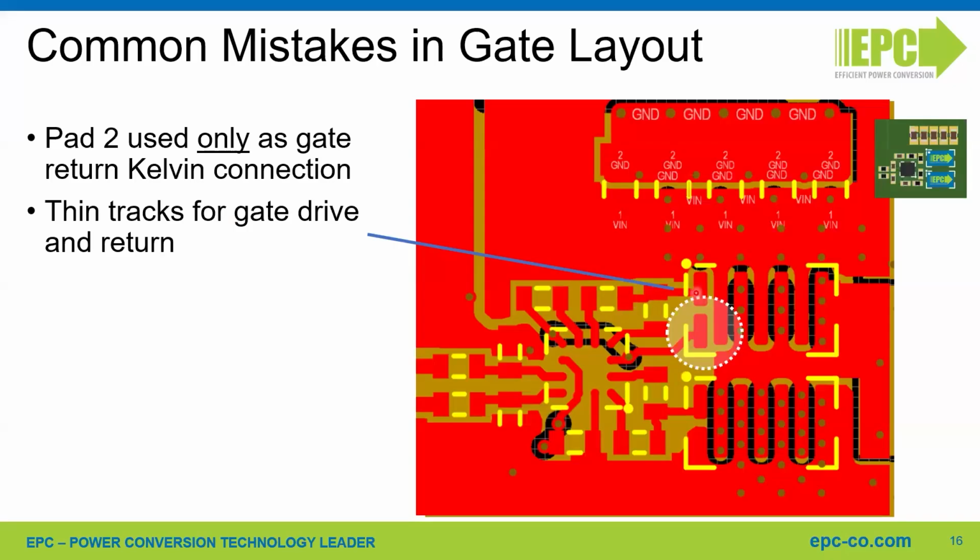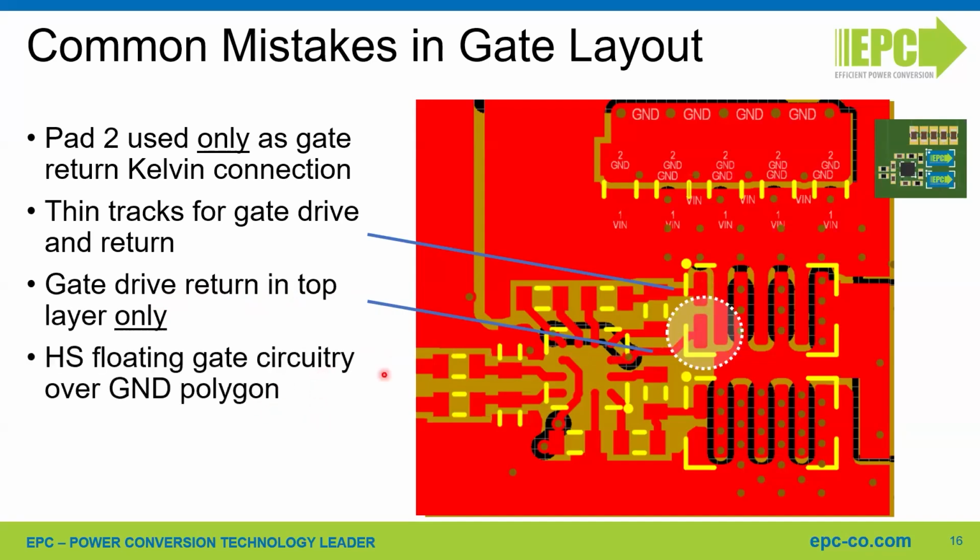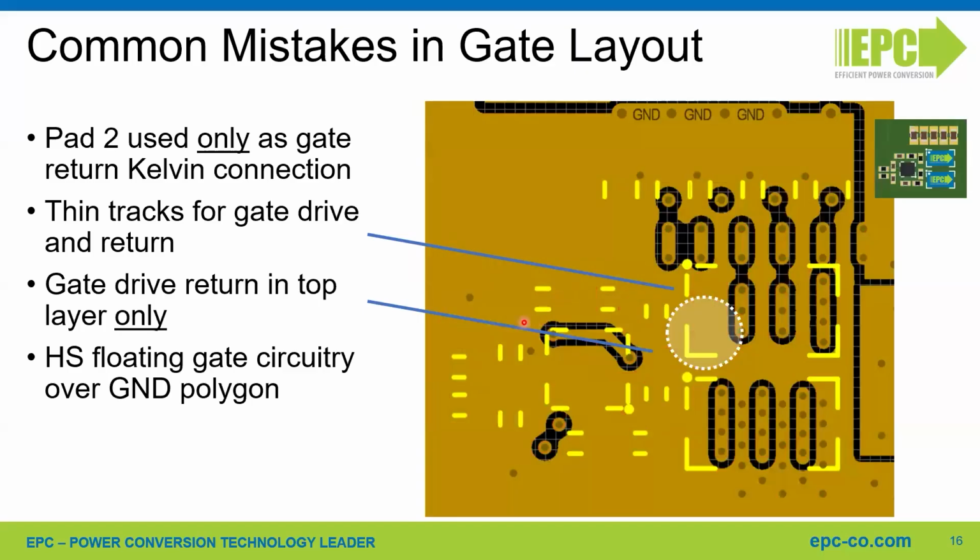Thin tracks for the gate signals have been used, and this is increasing the inductance. The gate drive return is routed only on the top layer, and all the high side section of the gate driver is routed on top of the ground polygon.